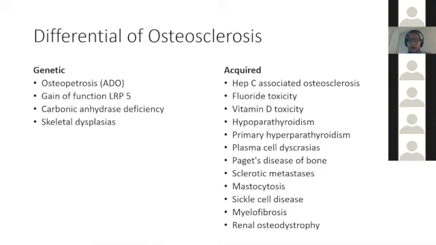Among acquired causes are Hep C-associated osteosclerosis, fluoride toxicity, vitamin D toxicity, hypoparathyroidism, primary hyperparathyroidism, plasma cell dyscrasias, Paget's disease of bone, sclerotic metastases, mastocytosis, sickle cell disease, myelofibrosis, and renal osteodystrophy.